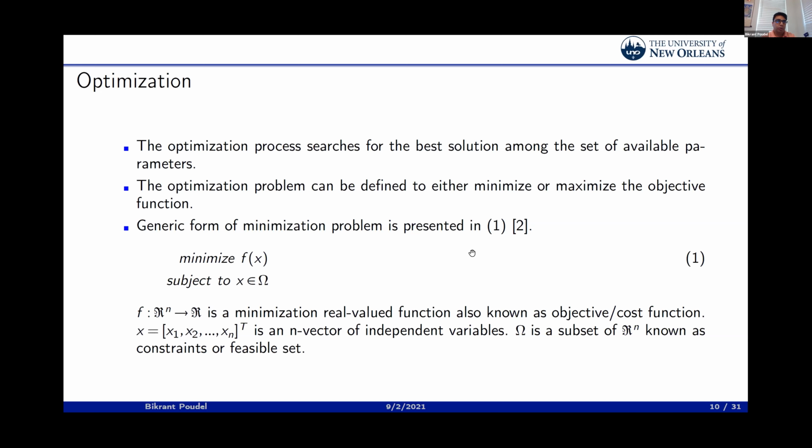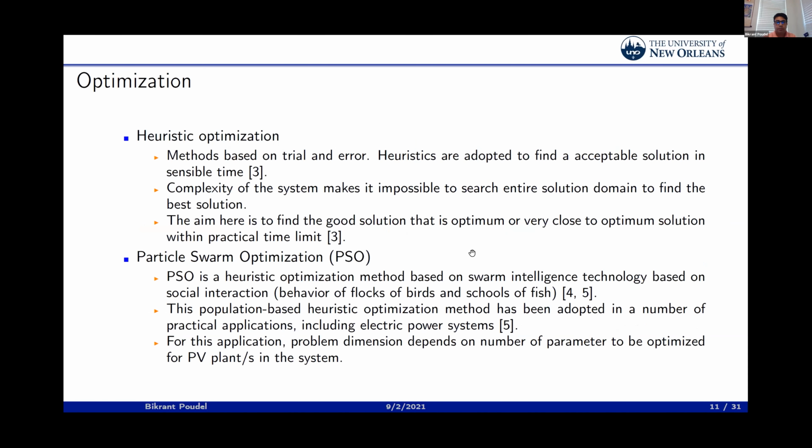Or if we know a good range of values, we can only search within those values. So there are some constraints that we can use so that the optimization runs faster. We don't have to search a huge range, but you can always increase these constraints or not even put a constraint and do the optimization. That's also possible.